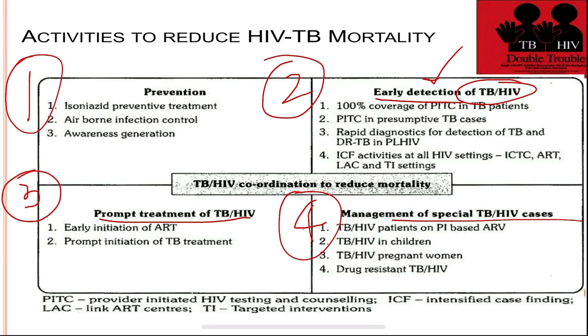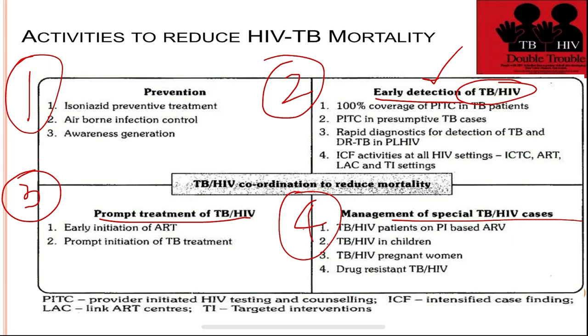Early detection of TB, 100% coverage of PITC in TB patients, that is nothing but the provider initiated HIV testing and counseling. We are providing this 100% coverage of provider initiated HIV testing and counseling in TB patients.